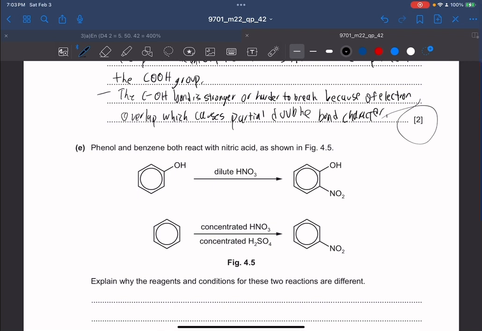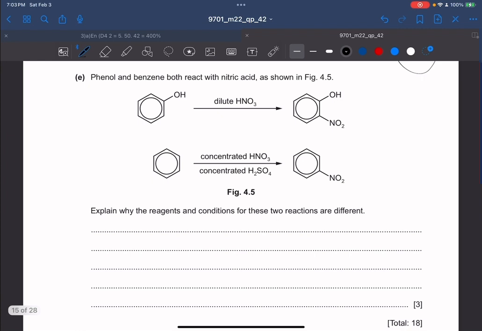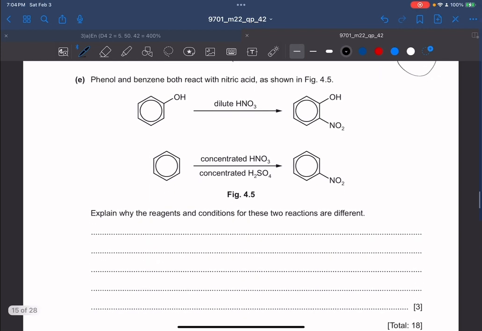Explain why the reagents and conditions for these two reactions are different. There's a couple of ways to explain this, but I would probably explain it in terms of the benzene ring. The reason is that benzene is actually very stable if there's no electron donating groups. So how I would start explaining this is just by introducing the concept of the benzene ring that I mentioned at first.